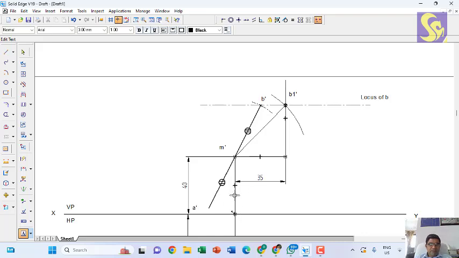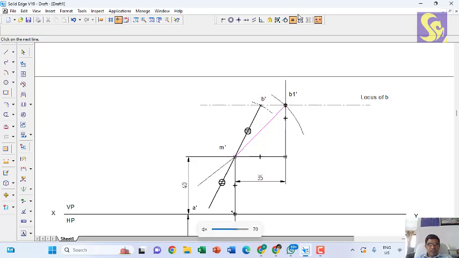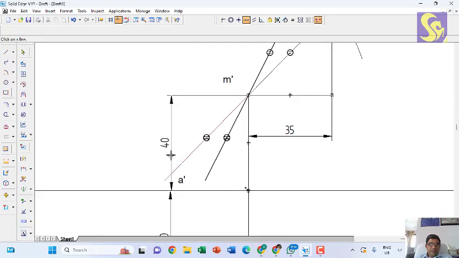Similarly I can have another line for the true length being extended. I'll make this line equal to this half line and make it collinear, so that both these will be on the same line.